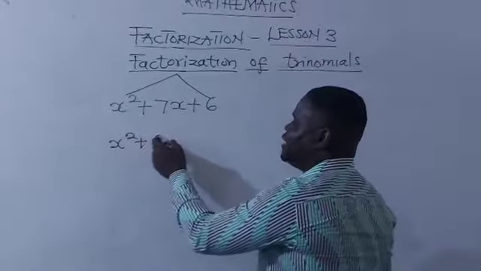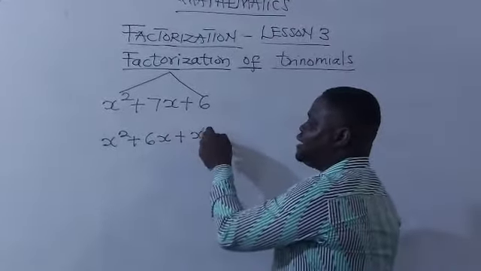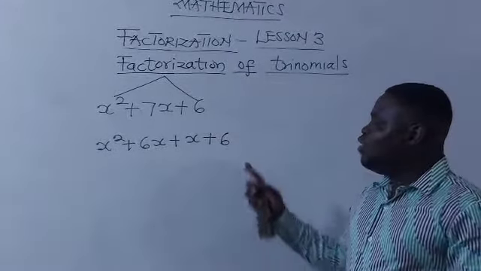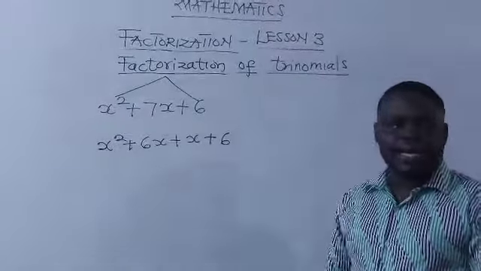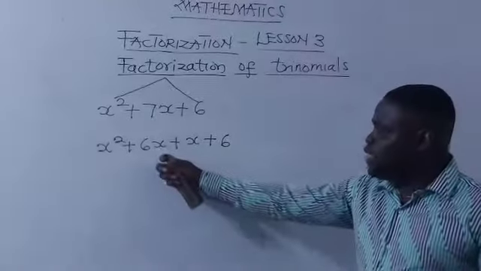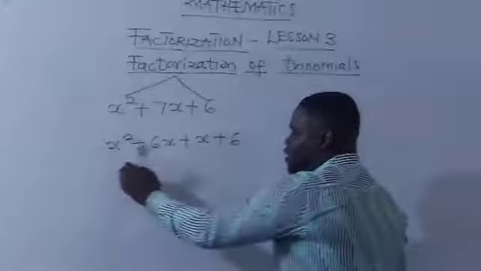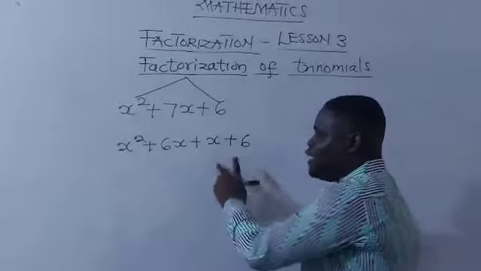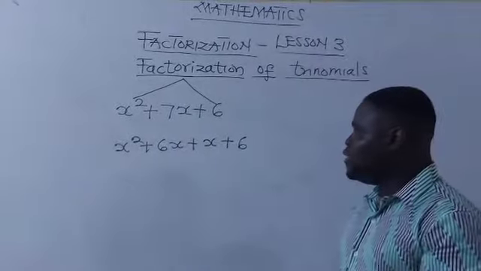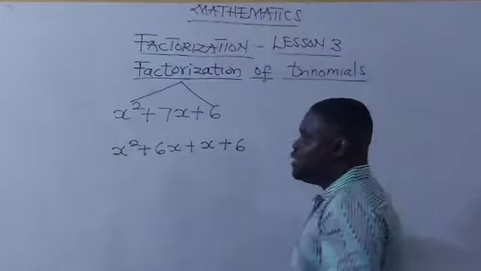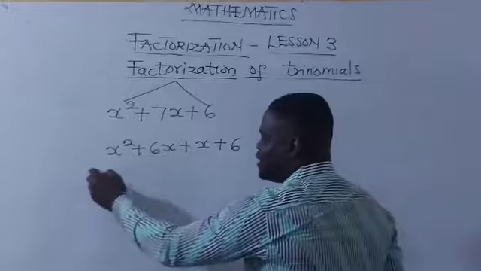x squared plus 6x plus x plus 6. Then we are going back to our lesson 2, using the same idea to factorize this expression. Pick them in pairs, the first two and the last two terms of the four-term expression. The first two terms, the common factor is x.